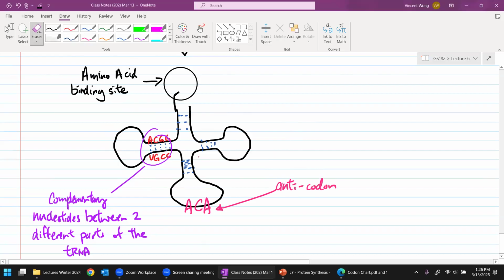It's located at the bottom of this tRNA. And the anticodon is complementary. This is about to get more confusing. It's complementary to the codon. I'll write it down and try to explain.